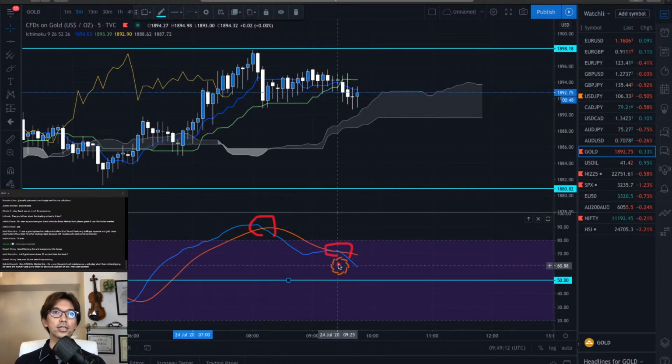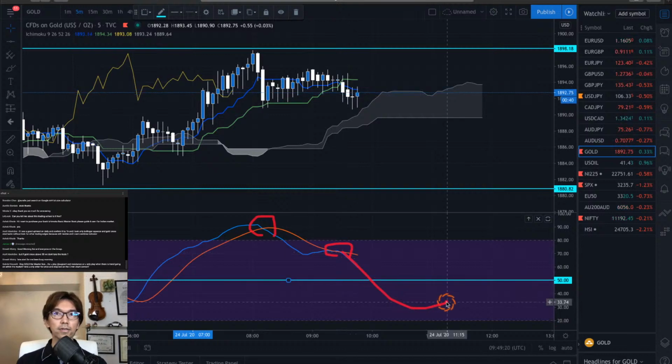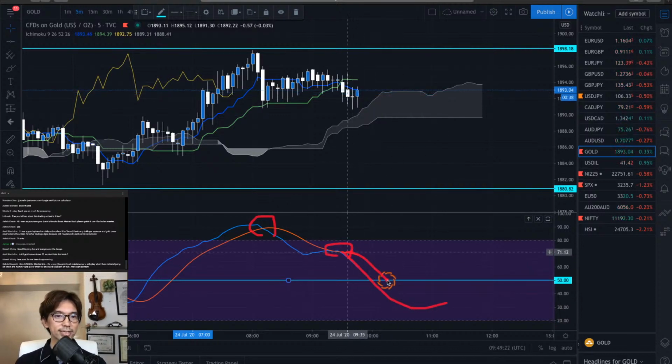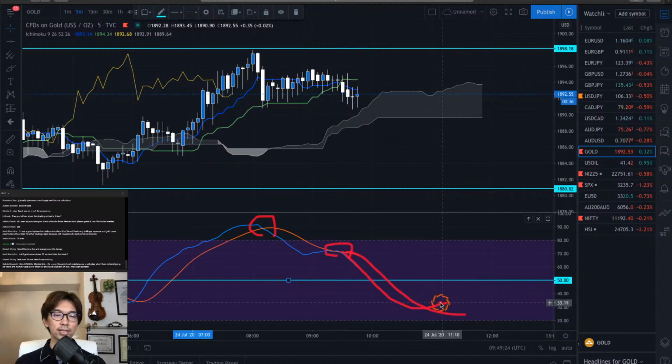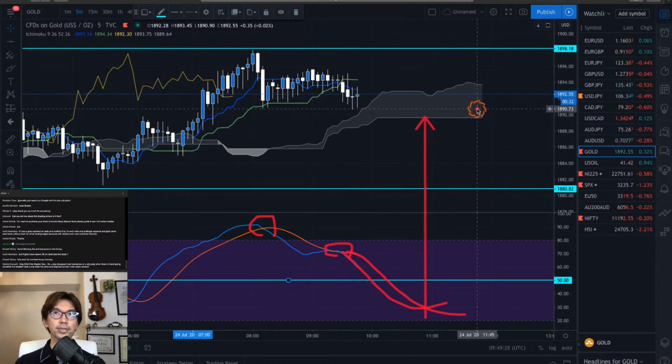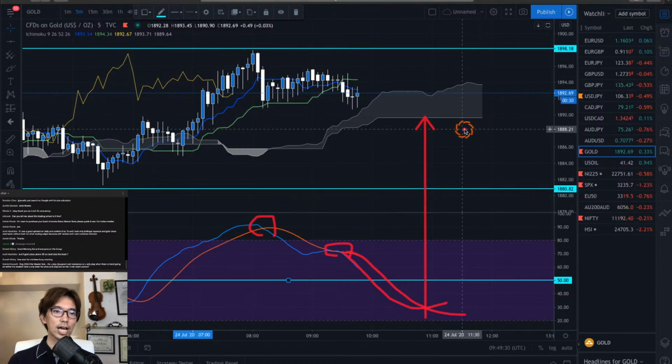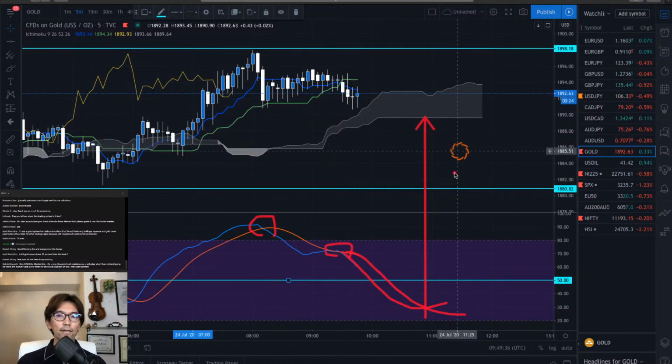So the Stochastics has been sloping down, and if the gold cross happens below the 50 level, then that will be a great confirmation to buy at that point. Of course, you look at the bigger time frame at that time, and when Kumo and Kijun Sen are moving up, then that will be a great timing to buy at that point.